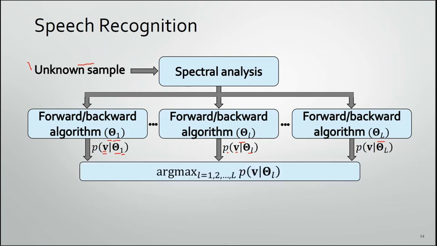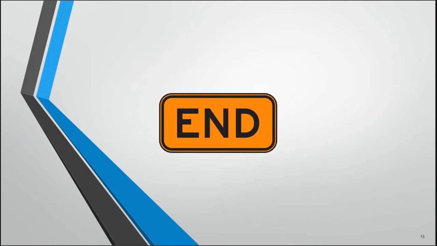And then we simply take the argmax of P(V given theta l) over each l. The highest probability is chosen, and that's recognized to be the word that was uttered. The end.